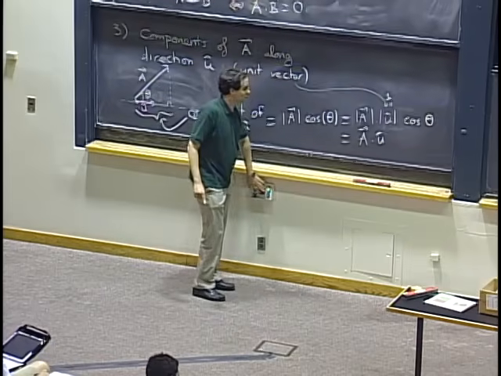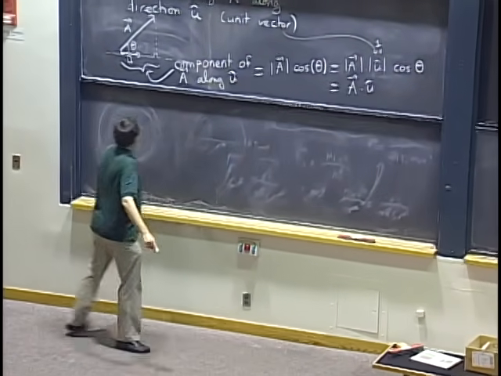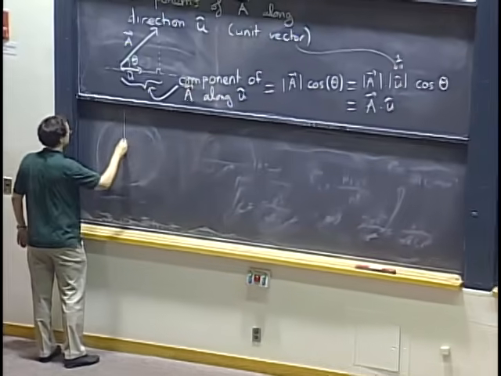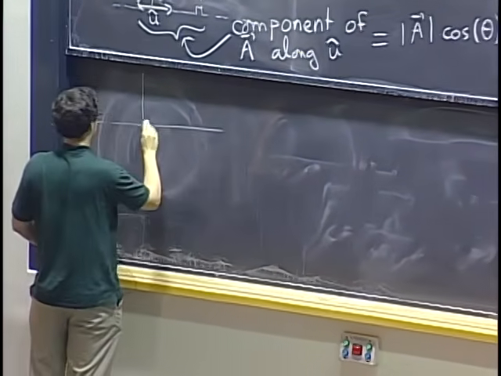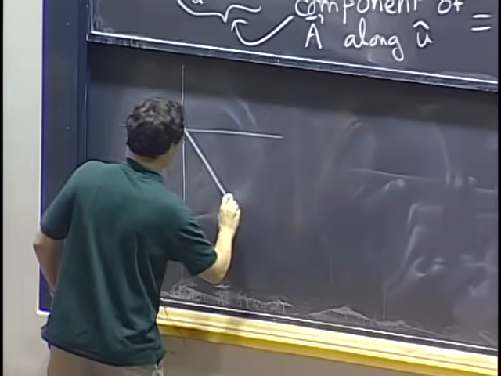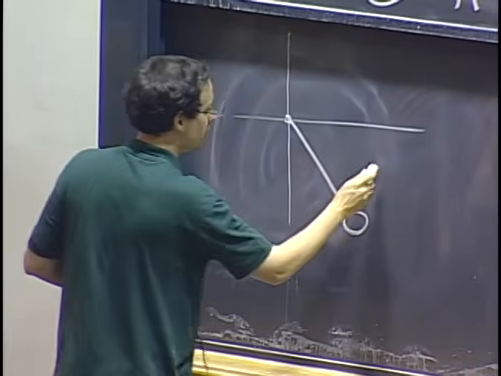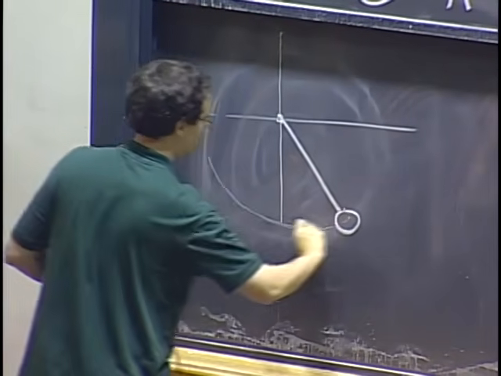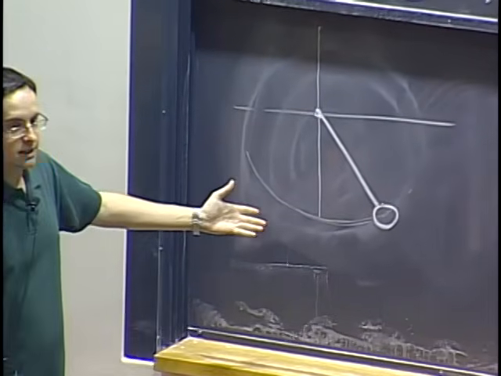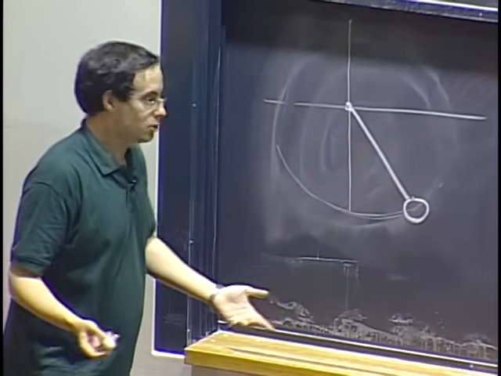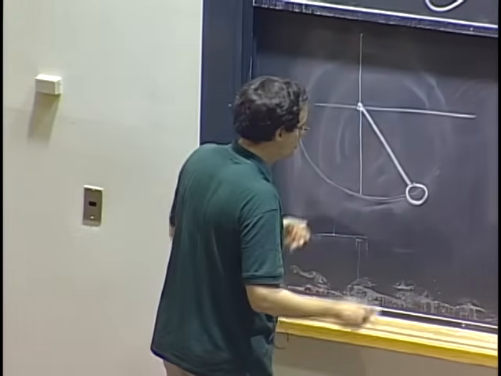Okay, so what's an application of that? For example, in physics, maybe you have seen situations where you have a pendulum that swings. So you have maybe some mass at the end of a string, and that mass swings back and forth on a circle. To analyze this mechanically, you want to use, of course, Newton's laws of mechanics, and you want to use forces and so on.